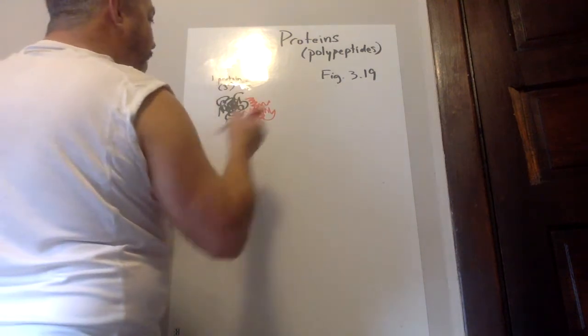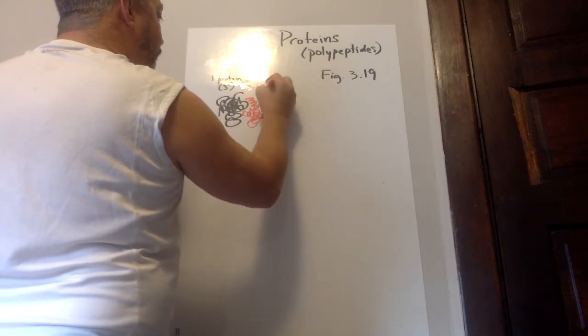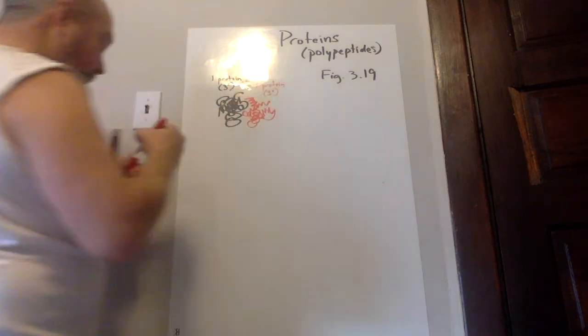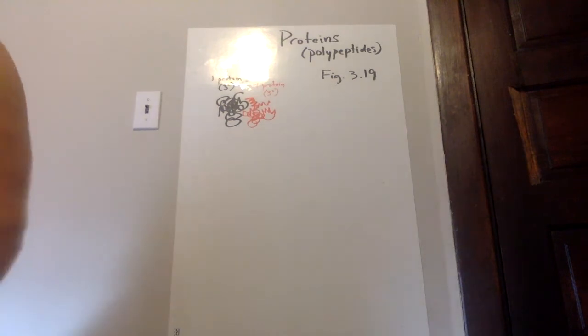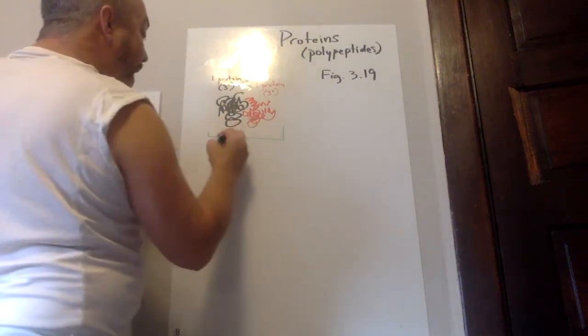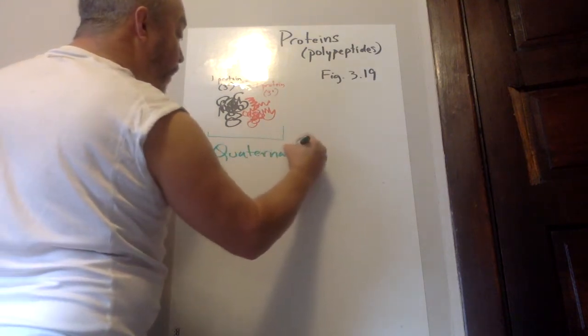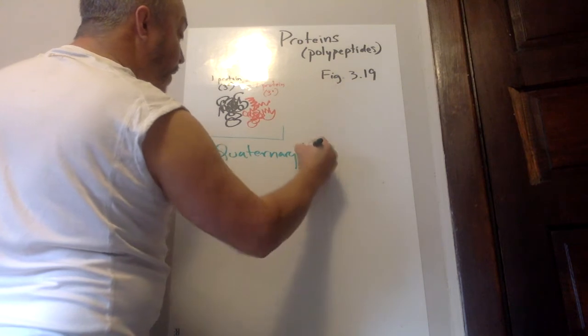The red is one protein in its tertiary structure. Combined, now that they're working together, that is the quaternary structure, or 4 degrees.